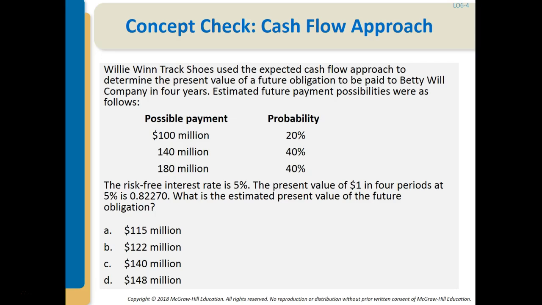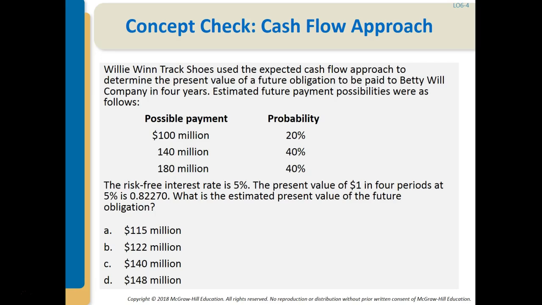So here's another concept question we're going to take a look at. Willie Wynn Track Shoes used the expected cash flow approach to determine the present value of a future obligation to be paid to Betty Will Company in 4 years. Estimated future payment possibilities were as follows. A possible payment of $100 million had a 20% probability.